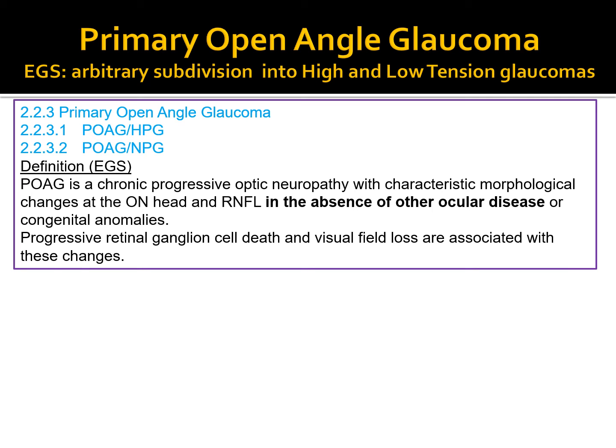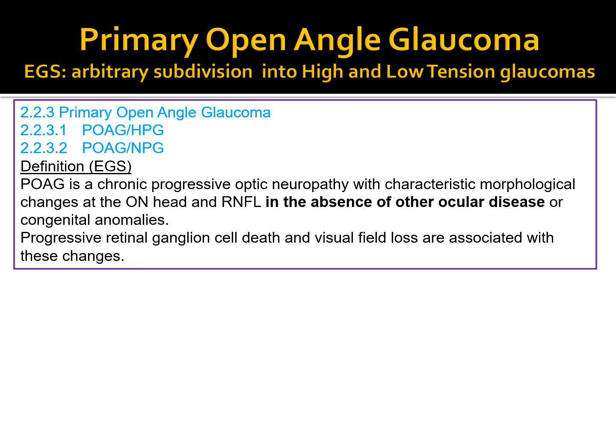So again, they had this arbitrary subdivision into high and low tension glaucomas. They defined POAG as a chronic progressive optic neuropathy with characteristic morphological changes on the optic nerve head and the retinal nerve fiber layer, and importantly here, in the absence of other ocular disease or congenital anomalies.